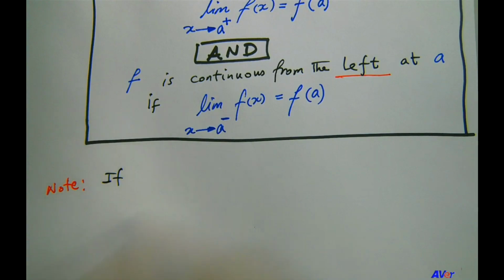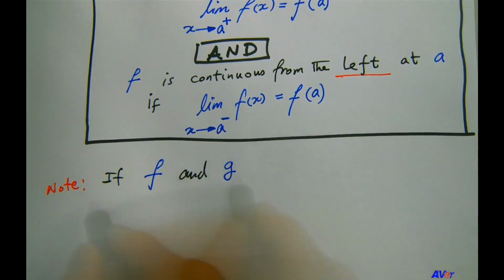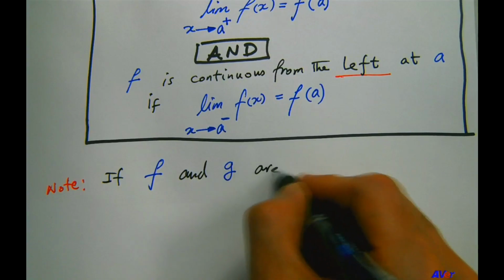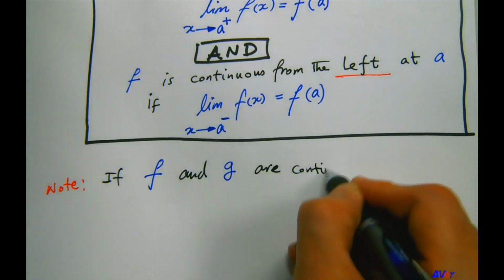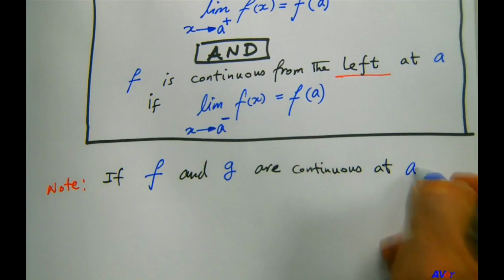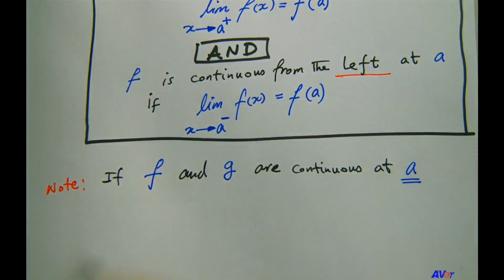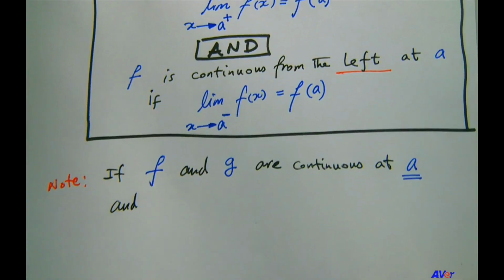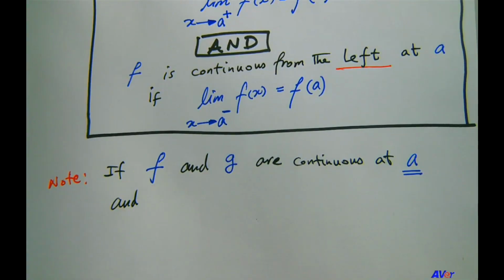So if we have two functions f and g, and they are continuous at some value a, and let's see, there's no "and" here.